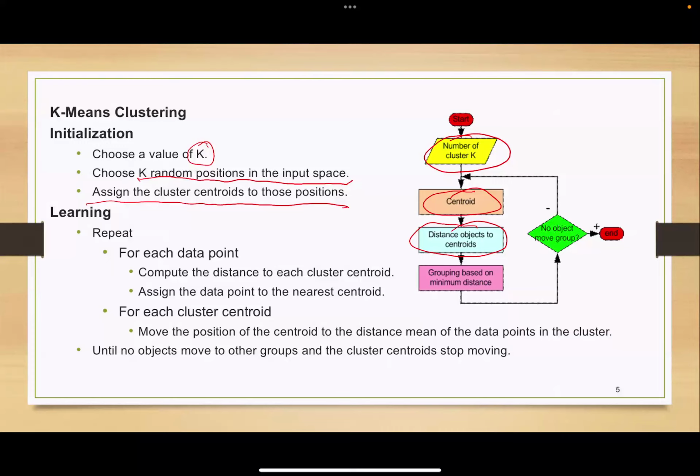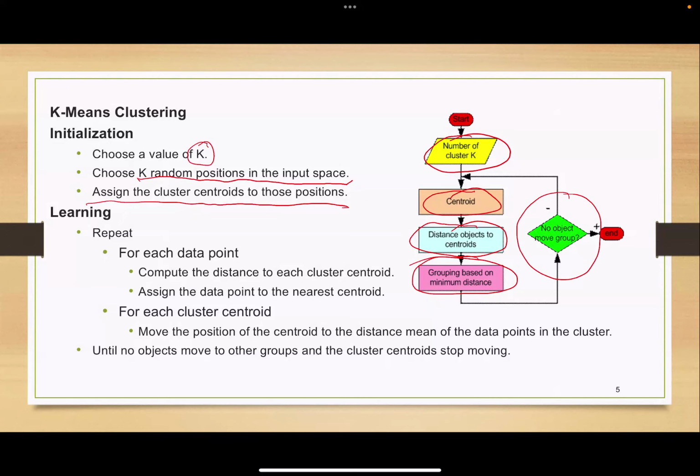And then according to the distance, we group the data into k clusters. The centroid with the minimum distance to the object will be the centroid for a certain cluster. And then every time we set a centroid, we check if the object moves its group. Okay, so this is how it works.